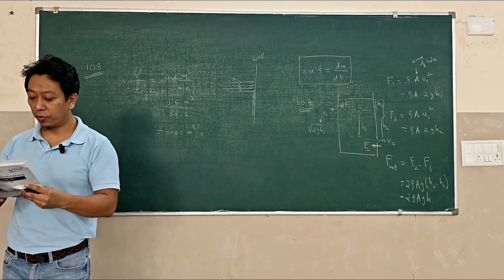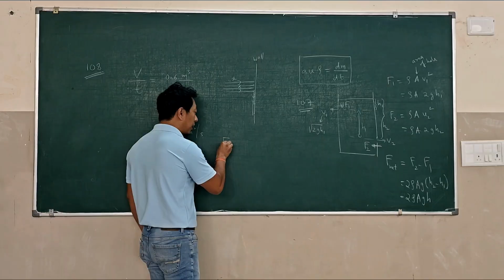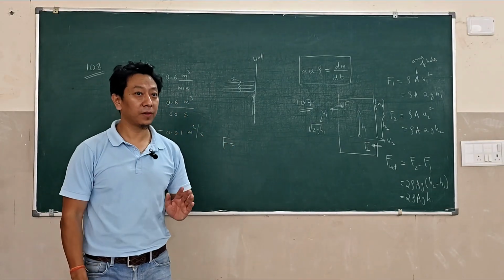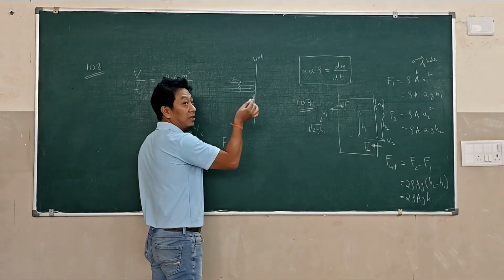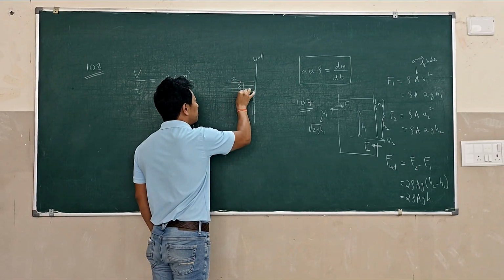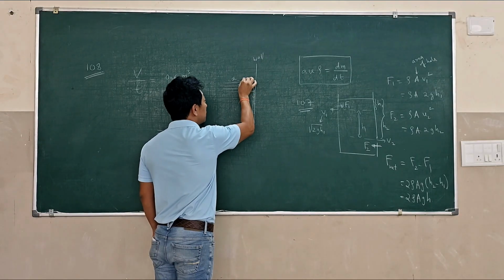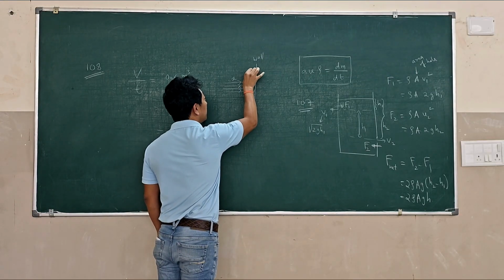They want you to find the force exerted on the wall. So we will calculate this force using the same knowledge as before. In time dt, this portion will reach here, let's say. Then this distance will be what? V into dt.